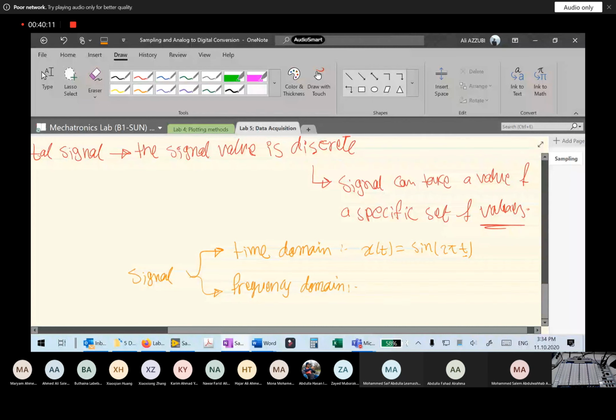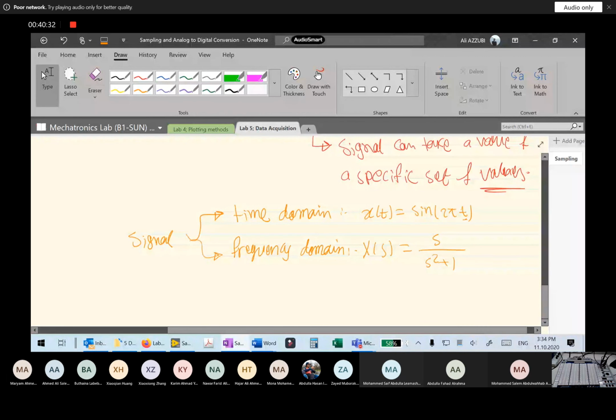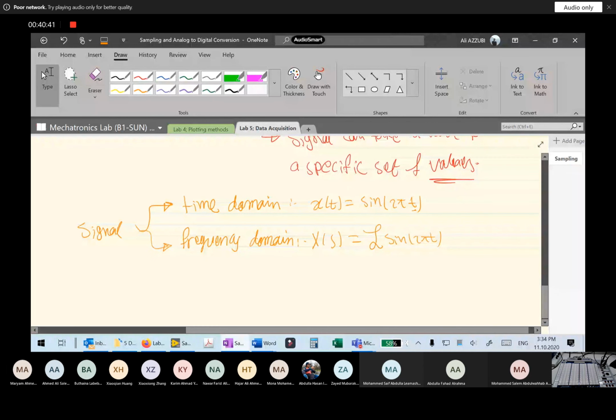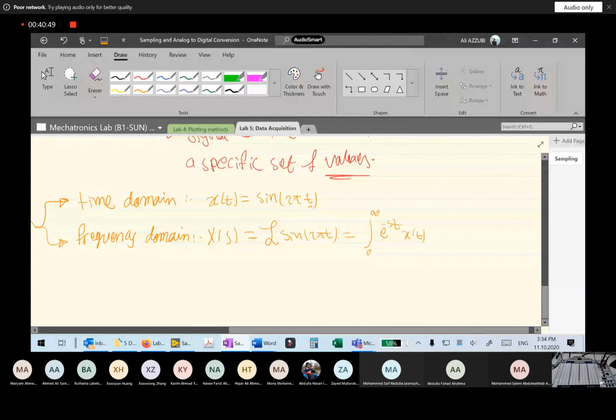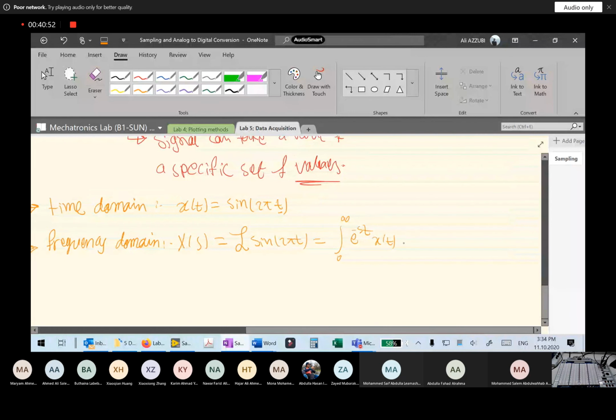For the frequency domain, I will convert the signal using the Laplace transform. So we have x of s equals the Laplace of sine 2 pi t. In general, from theory, you integrate from 0 to infinity of e to the minus st times x of t dt.